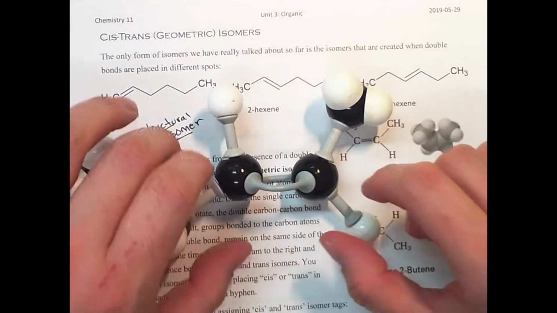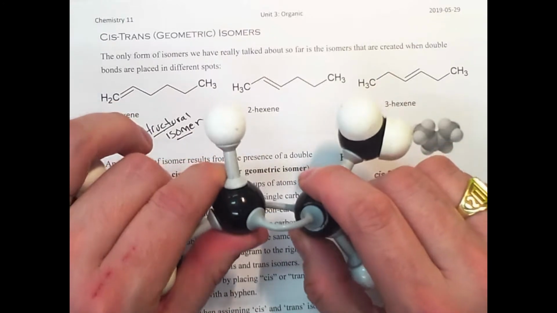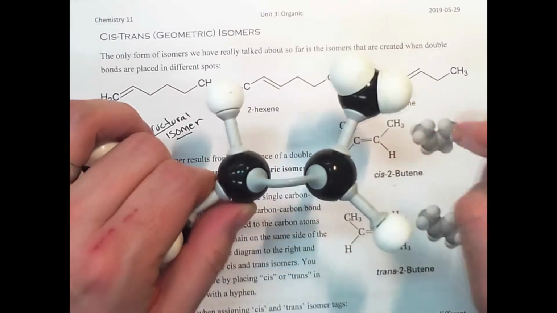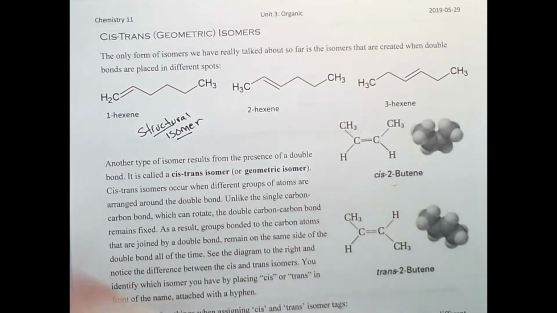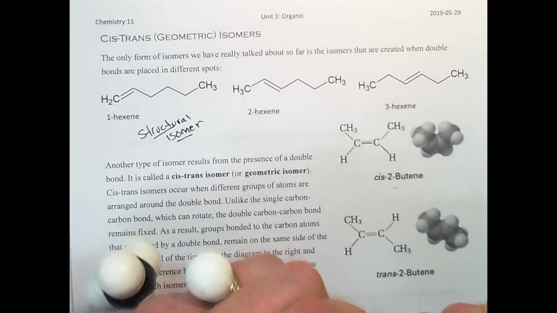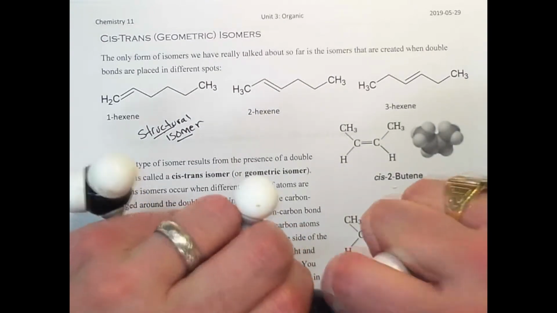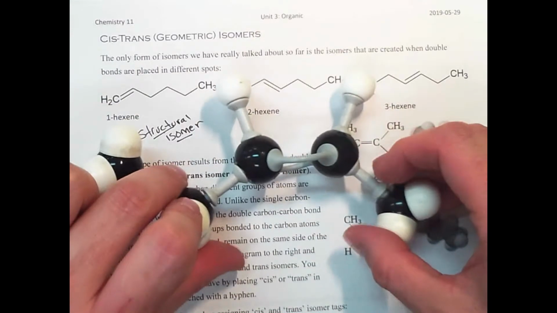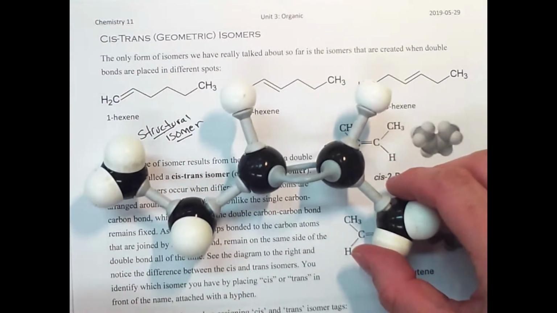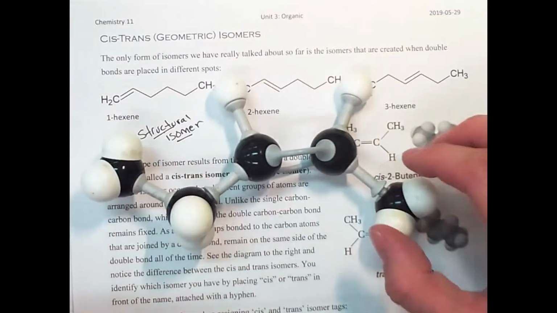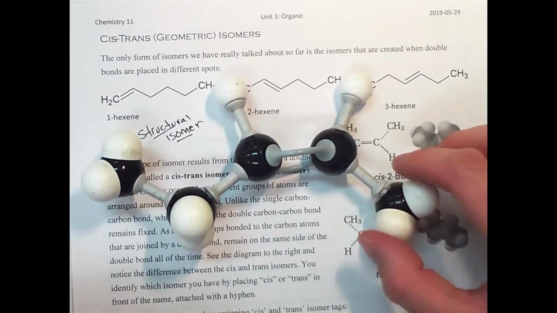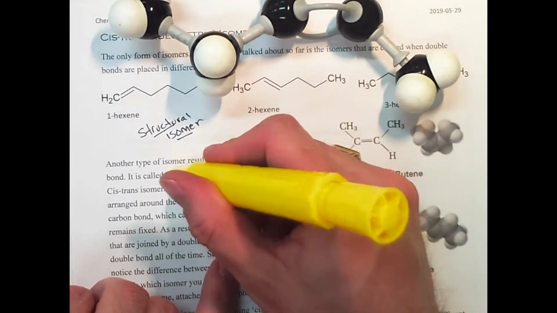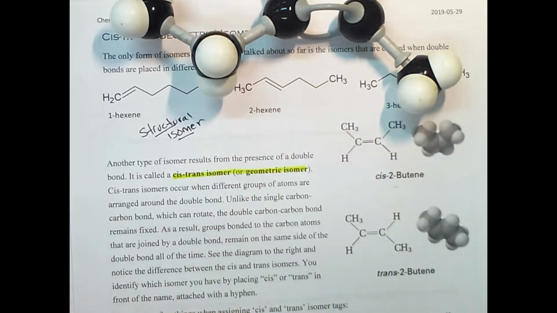So with the geometric isomers, we have something that is chemically distinct from the opposite one, or if the methyl group is turned down and both hydrogens are on the same side, once again not being able to rotate. So what that does is it creates a problem that we have to be able to name. And how we name it is we call it cis and trans isomers, or geometric isomers.